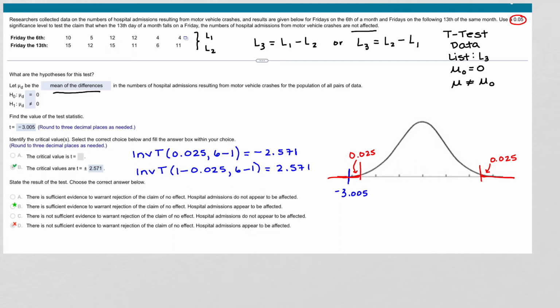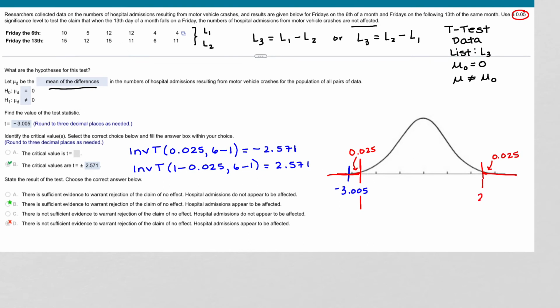I just need to find one of them, and my critical values are plus and minus that value. So now I know that those are my critical values. Let me go ahead and mark this off here. So this is 2.571, and this is negative 2.571.